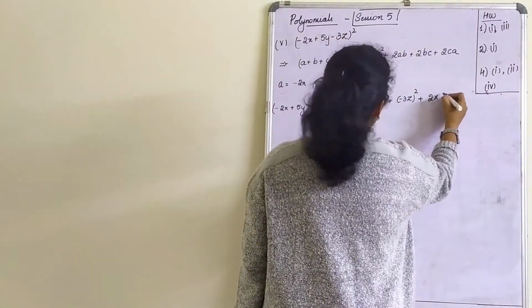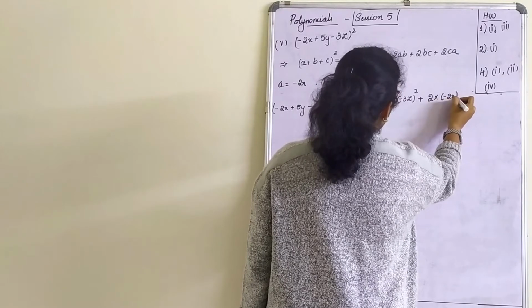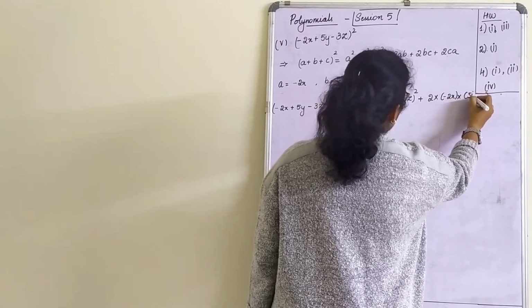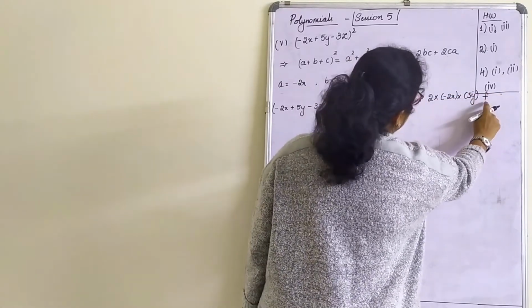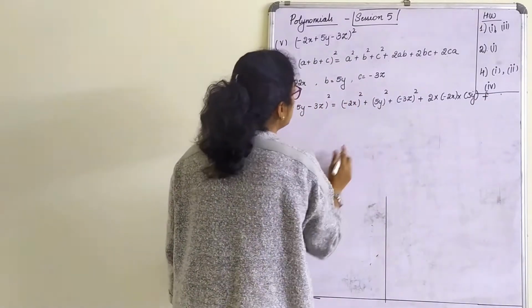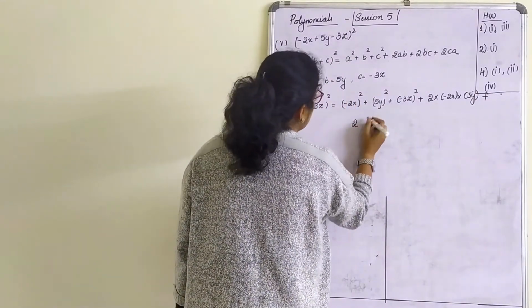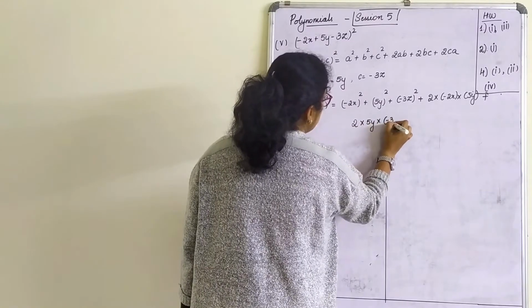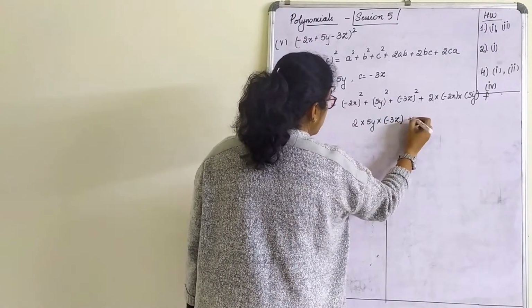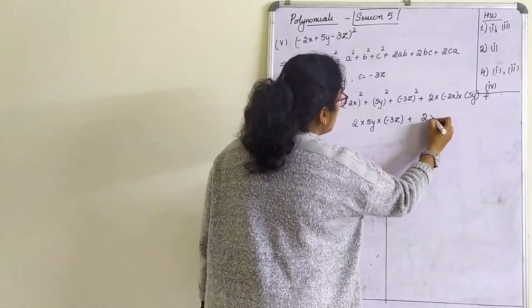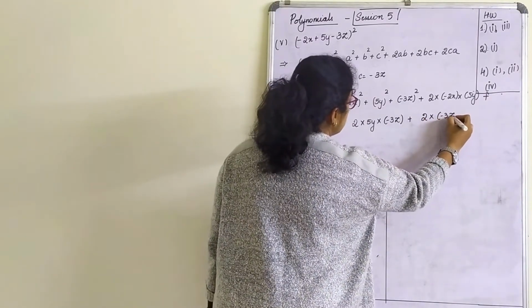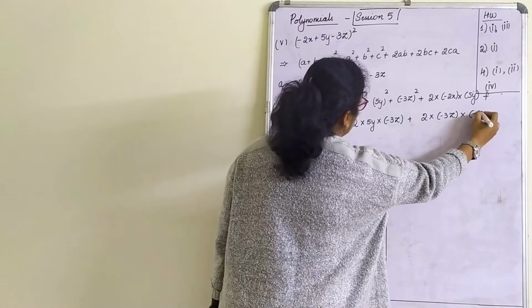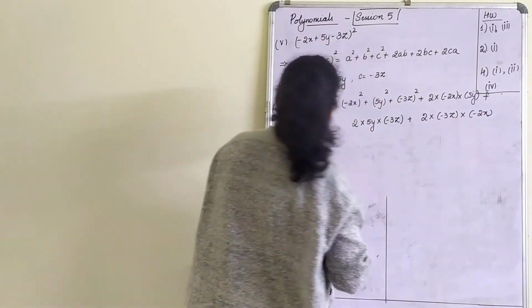2 into a is minus 2x, b is 5y plus, I have written plus here, I will continue here the next one, 2bc, b is 5y, c is minus 3z plus 2ca. 2 into minus 3z into minus 2x.